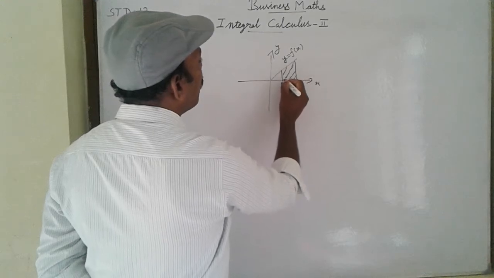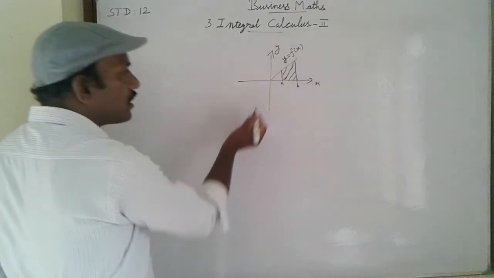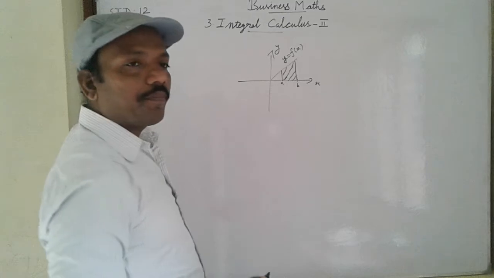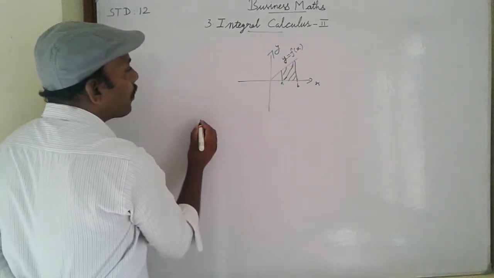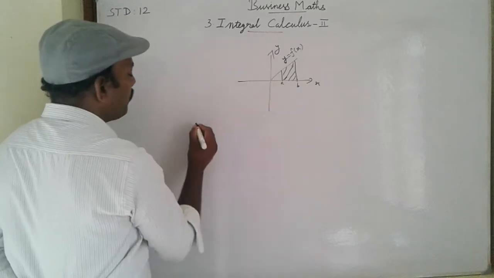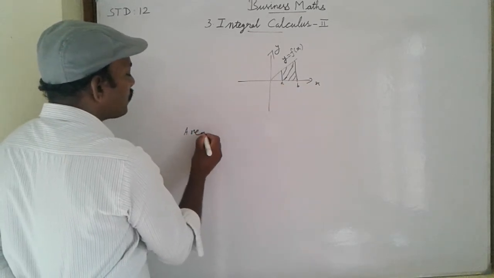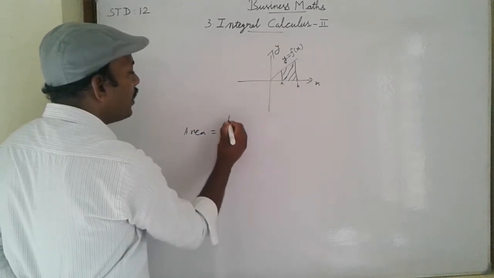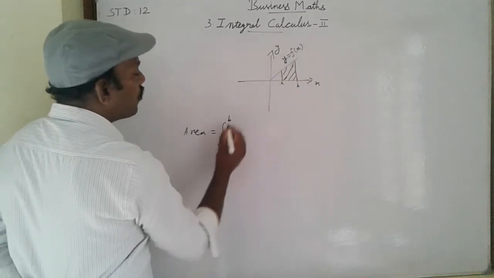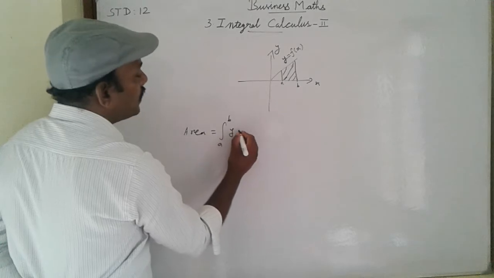Then the formula: this is above the x-axis. Above the x-axis, the area is equal to the integral with limits a to b of y into dx.